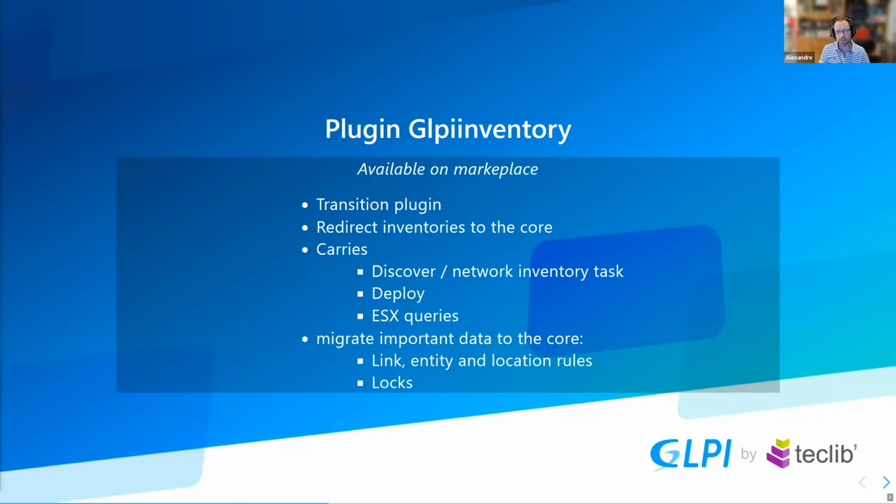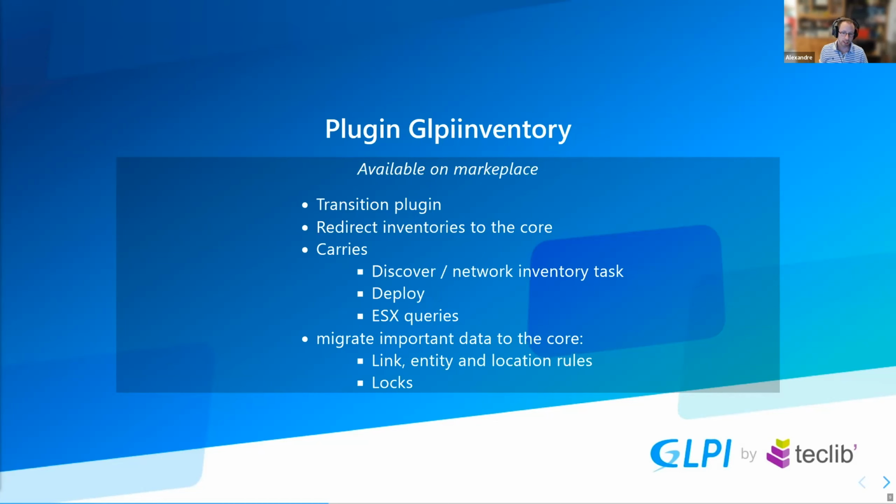And next, it carries the advanced tasks we don't have yet in GLPI, like the network tasks, like SNMP queries and discovery. We have the deployment also, and ESX queries. All these tasks are kept in the plugin to have a transition period where we will develop these features in GLPI or in a dedicated plugin.